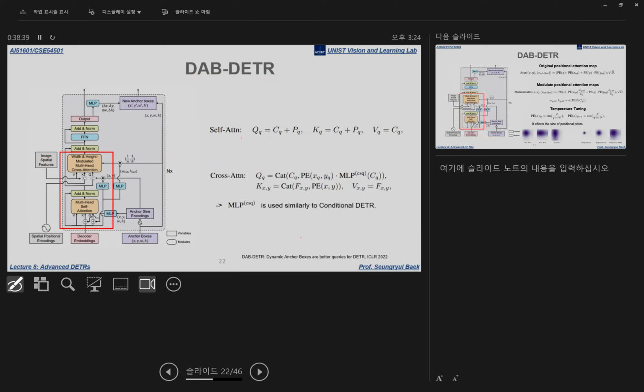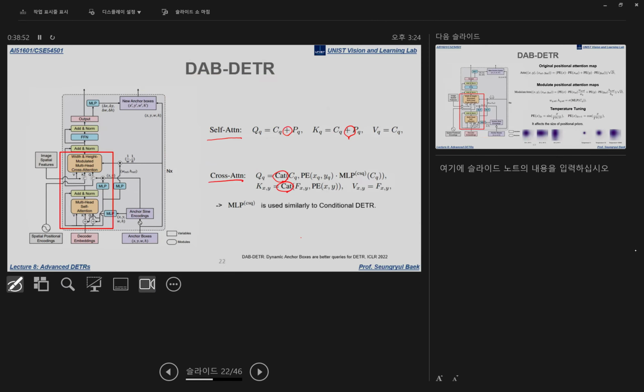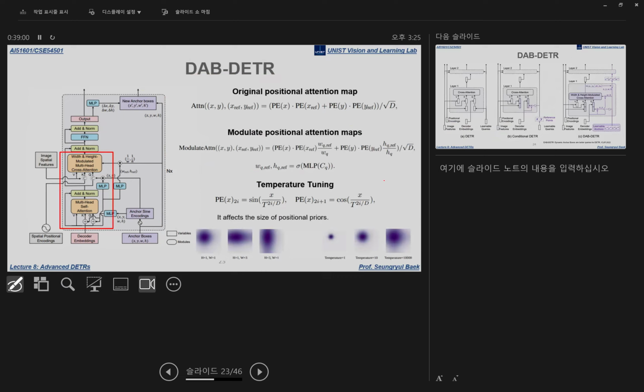And for the self-attention, they use addition similar to conditional DETR, but for cross-attention, they use a concatenation operation to merge the content query and the spatial queries. And additionally, they consider the width and height parameters of the bounding boxes.